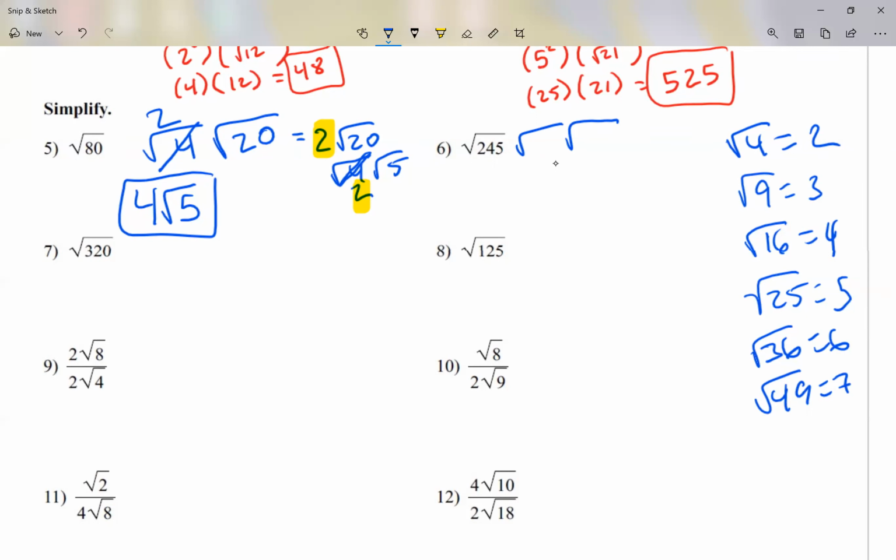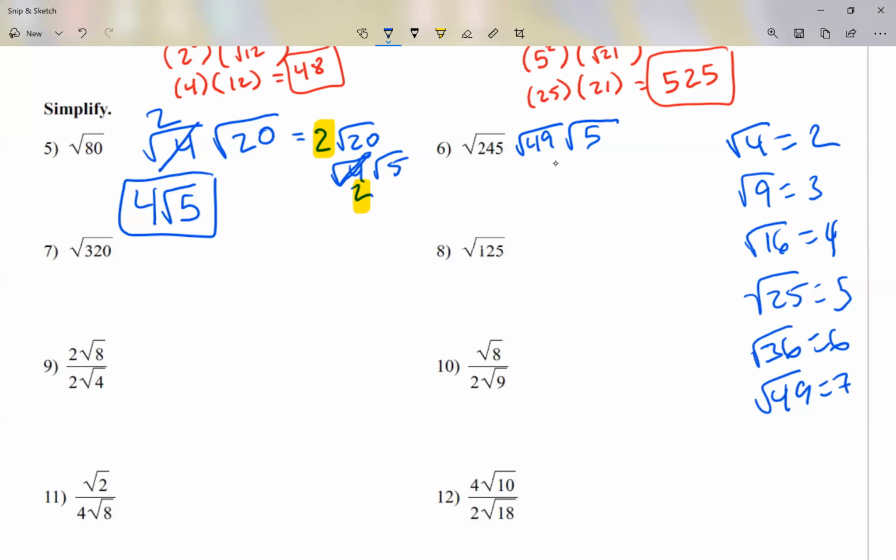How about 245 divided by 9? It doesn't work. 245 divided by 16, it doesn't work. By 25, it doesn't work. But 245 divided by 49 is 5. So I know 49 times 5 is 245.